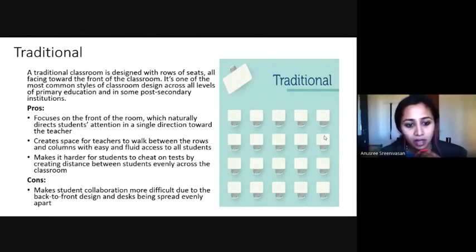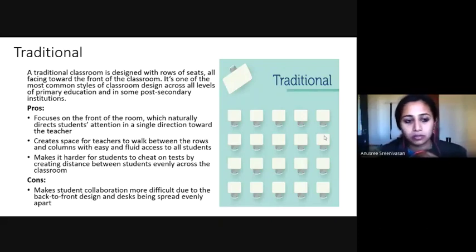And the con is that it makes student collaboration more difficult due to the back to front design. If you want a group activity, the students in the front and in the back cannot collaborate. So it has its own pros and cons. Another seating arrangement is that of the stadium.